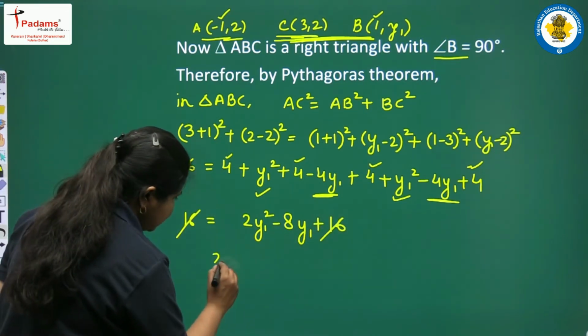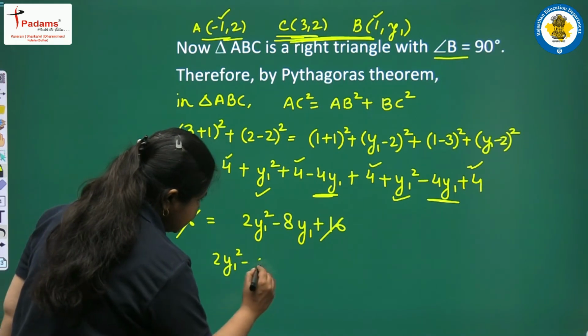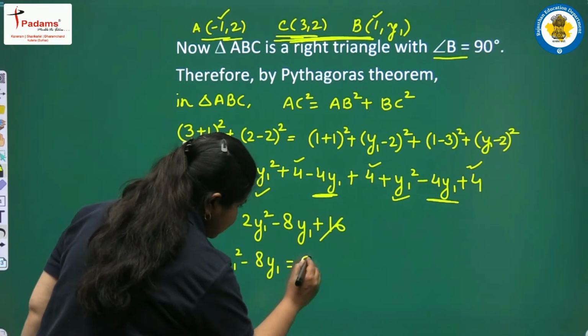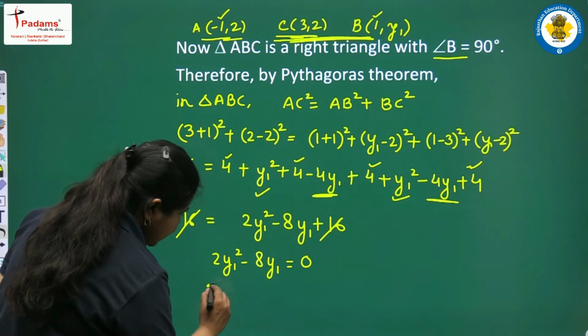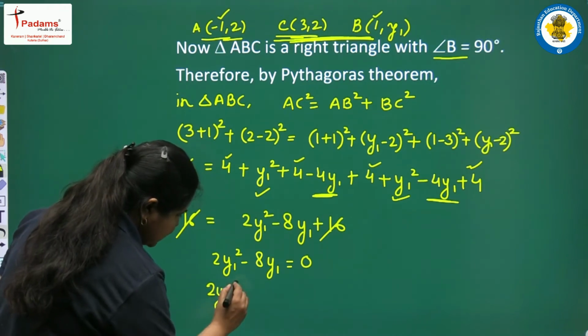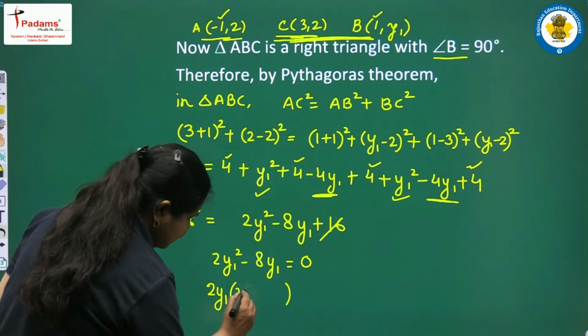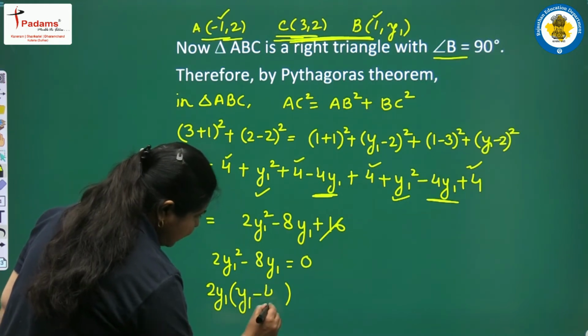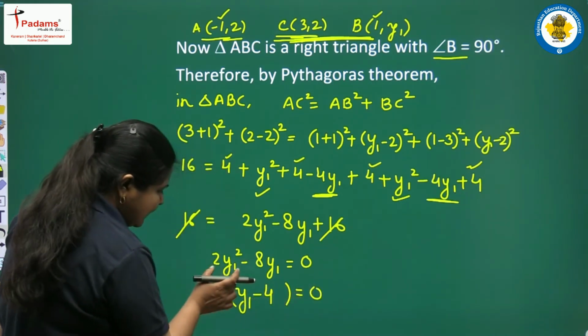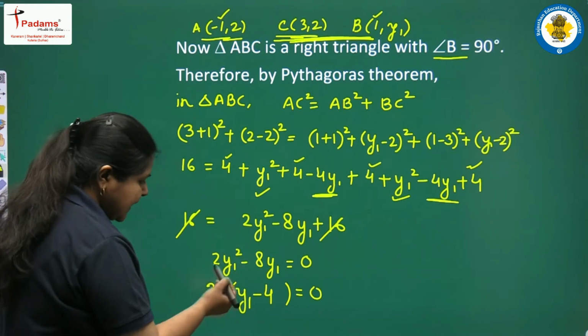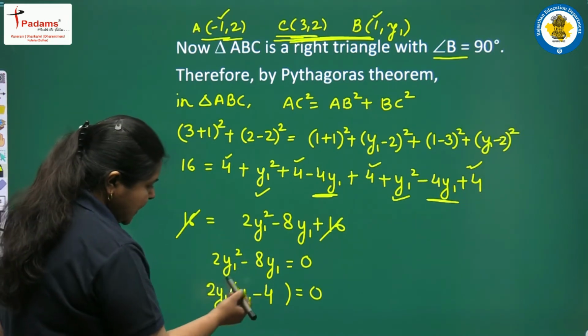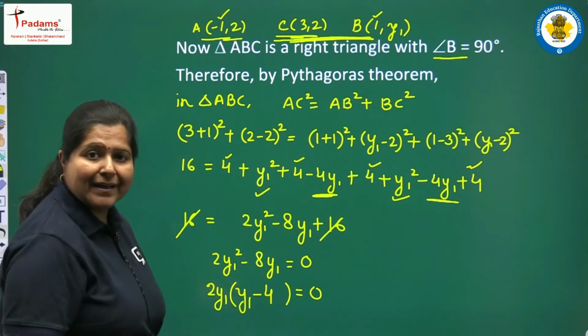So we can write 2y1 square minus 8y1 is equal to 0. Taking 2y1 as common outside, you will get y1 inside minus 4 equal to 0. देखिए 2y1 बाहर लिया, y1 स्क्वायर था, एक बाहर एक अंदर, माइनस यहाँ से 2 4 8 और y1 तो बाहर है ही.